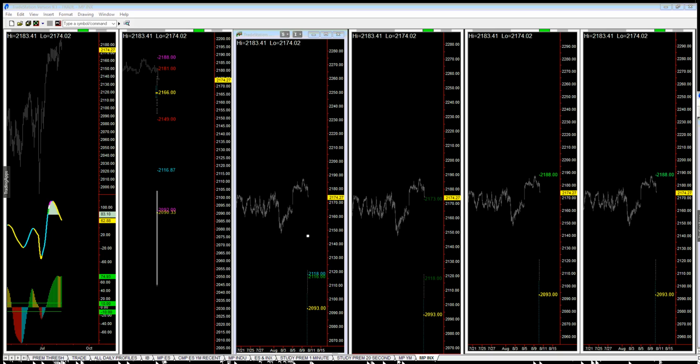Now going back to the INX for a minute, that 2173 upper value area is the closest target. We look at a point of control at 2166, however, which could imply a much more significant drop.